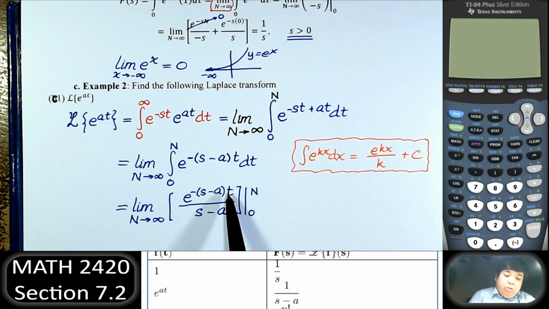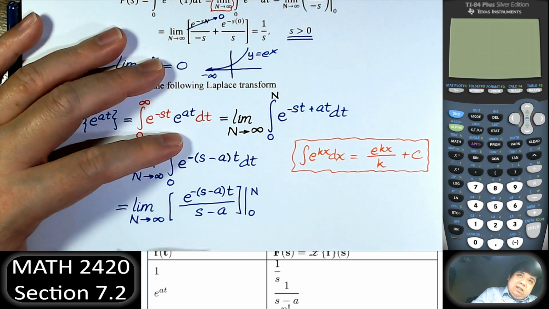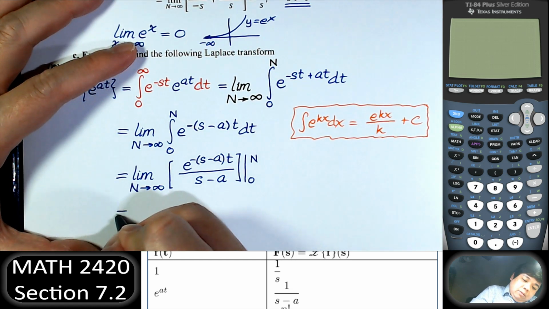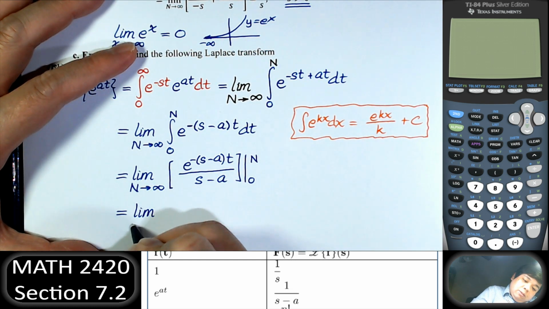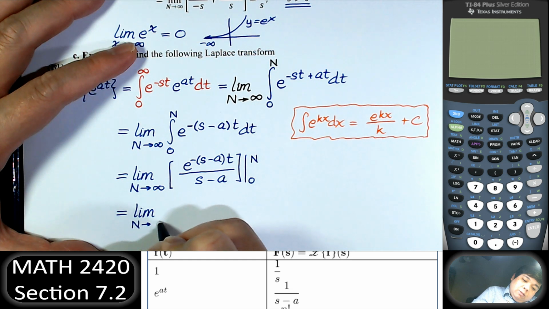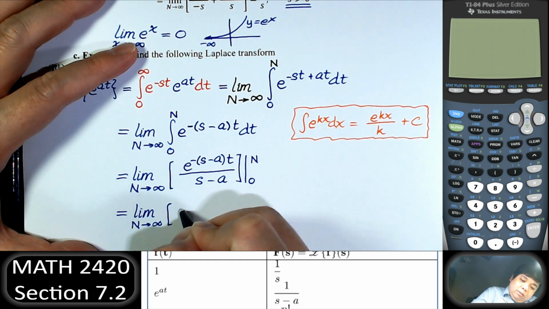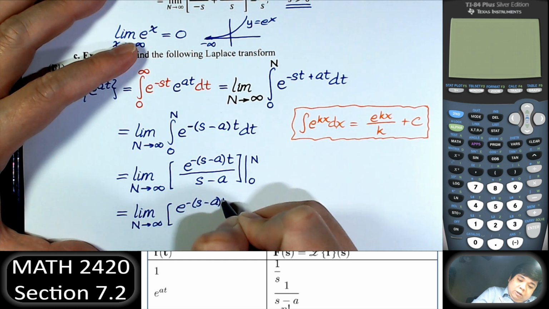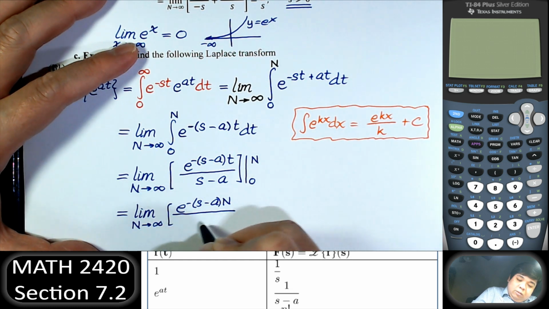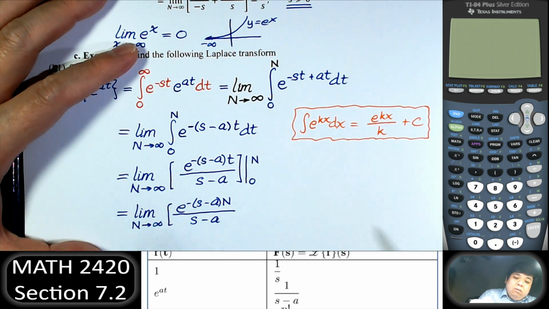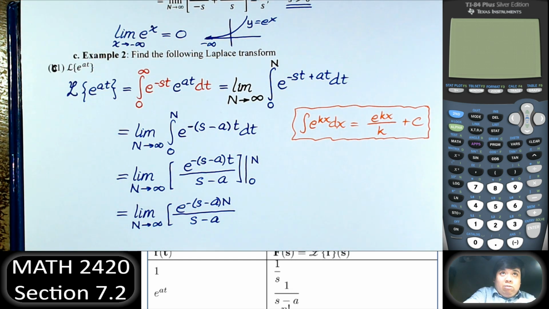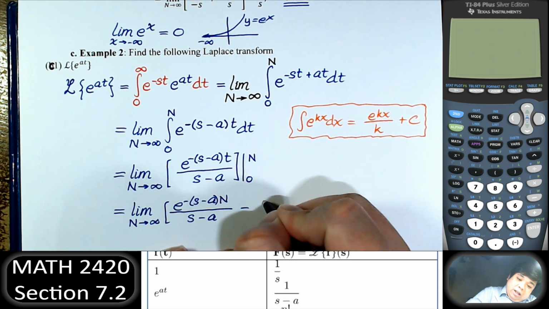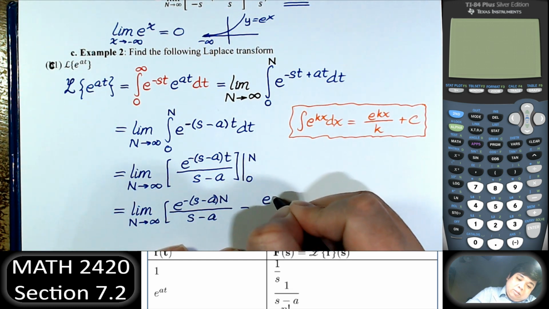Now put n in for t, then we put 0 in for t.